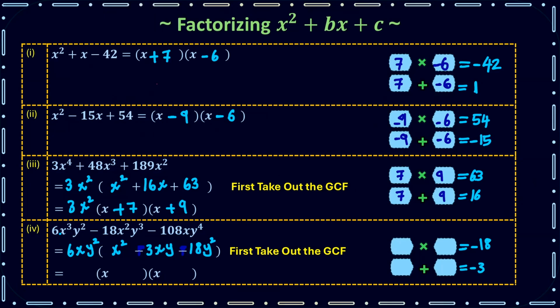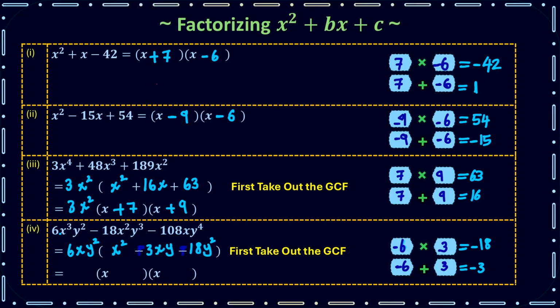Just to get the factors of 18, we have 9 and 2. They do not add up to 3 or negative 3. We have 6 and 3, which seem to work. Since we want the sum to be negative, then 6 should be negative. Negative 6 plus 3 is negative 3. So we have our numbers.